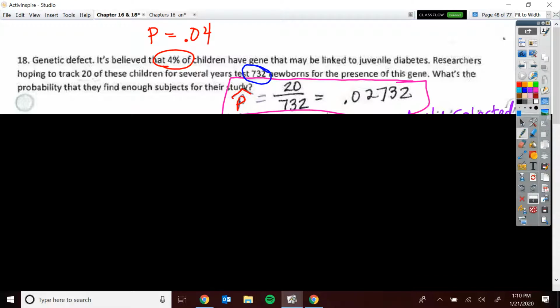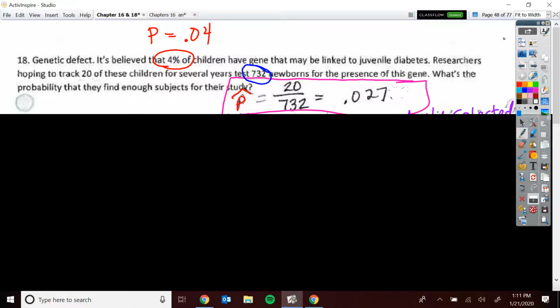I'm going to do this to 2 significant digits. So the researcher's goal is to get 20 out of 732 or higher. And where should all the p-hats be centered? At 0.04. Yeah, population p.